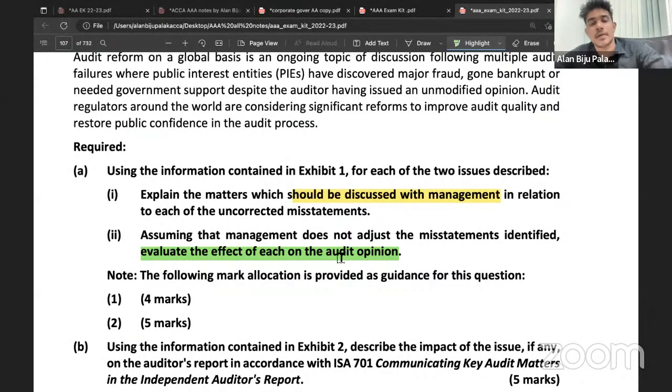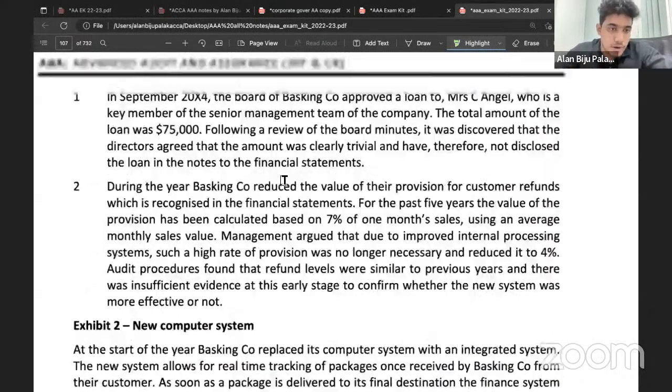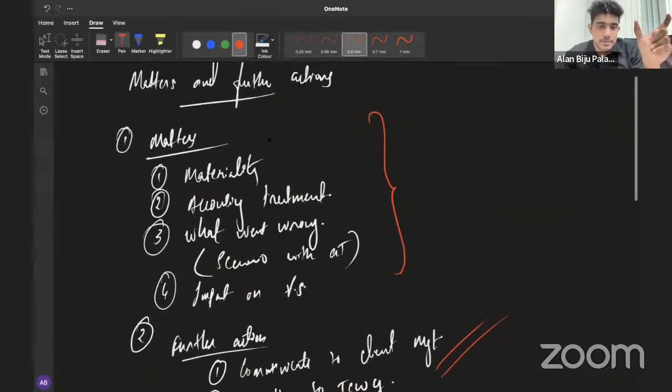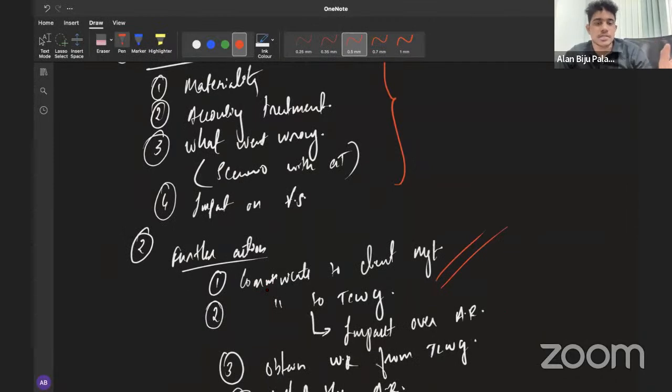For case number one, the company's related party transaction, you need to give a heading, related party transaction. Then provide the materiality, accounting treatment, what went wrong, and impact on FS of that item. Then discuss the communication that needs to be made with the management.